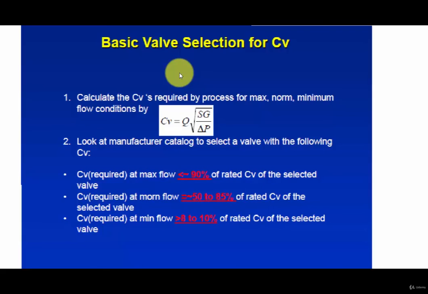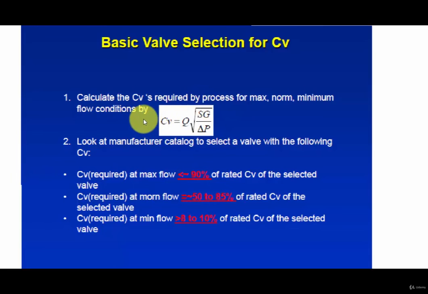Now we'll decide the basic valve selection for CV. So after calculating the CV, we have to calculate it at 3 conditions: maximum, normal and minimum flow conditions. Of course, by using the formula as we discussed earlier.